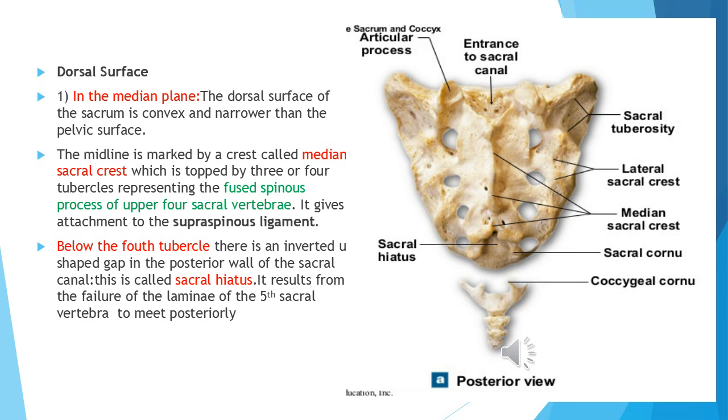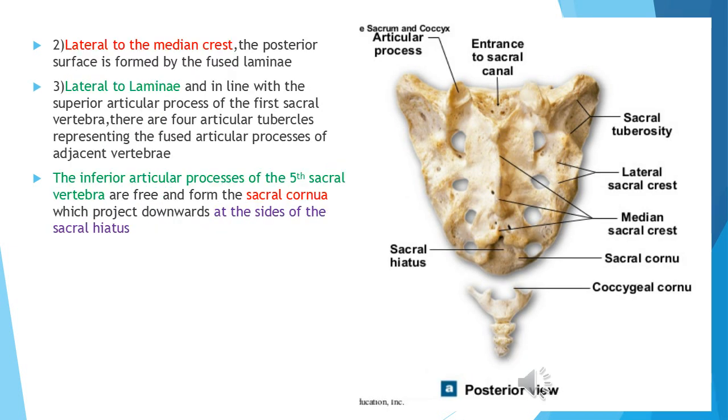In line with the first spinous tubercle, there is a median crest. That median crest is due to the fusion of the spinous processes of the upper 4 sacral vertebrae. Please look clearly at the picture.